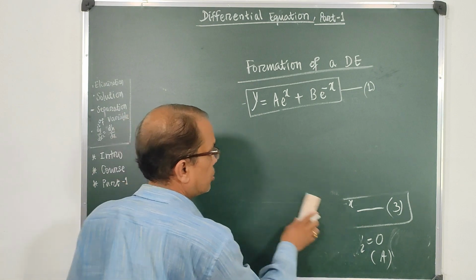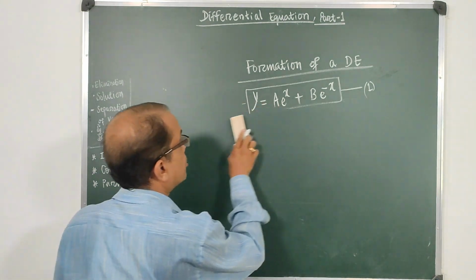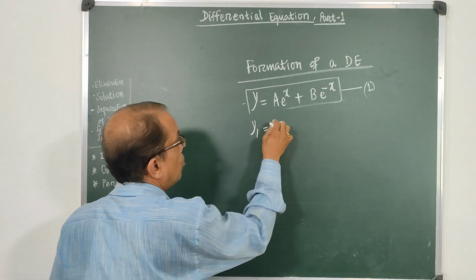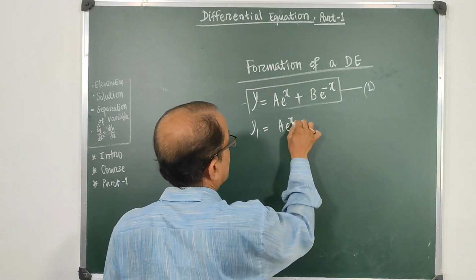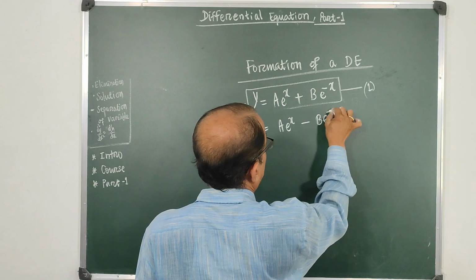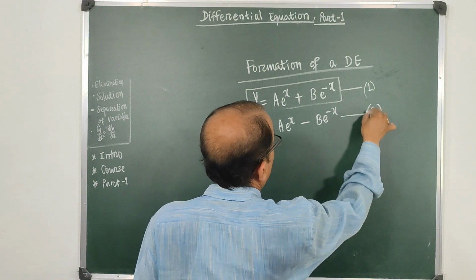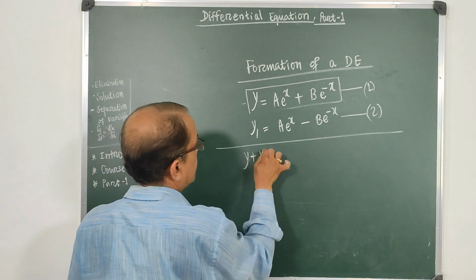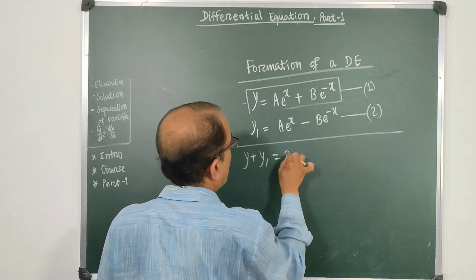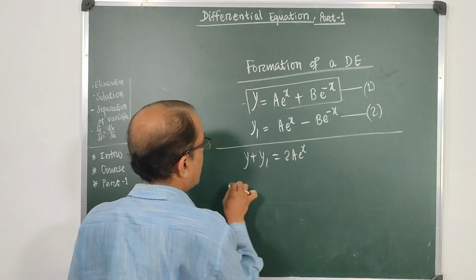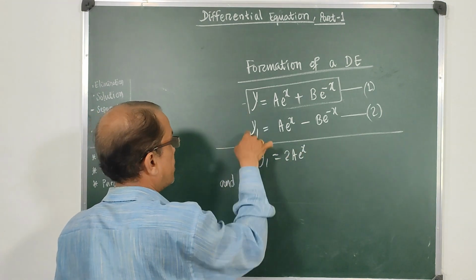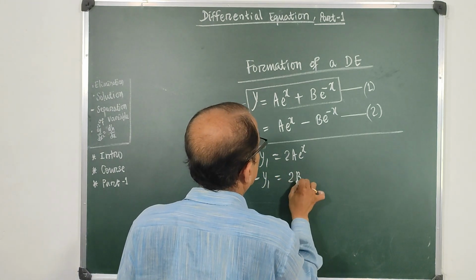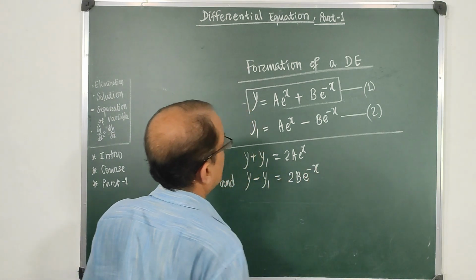Formation of a differential equation can also be done by the elimination method. If we take the first derivative, we had already got a e to the power x minus b e to the power minus x. This was equation 2. What if we add these two? We get y plus y1 is equal to 2a e to the power x. And what if we subtract them? We get y minus y1 is equal to 2b e to the power minus x.